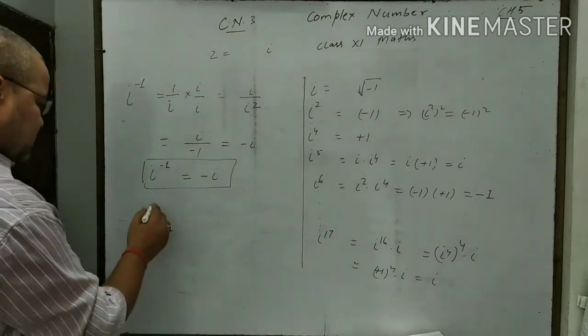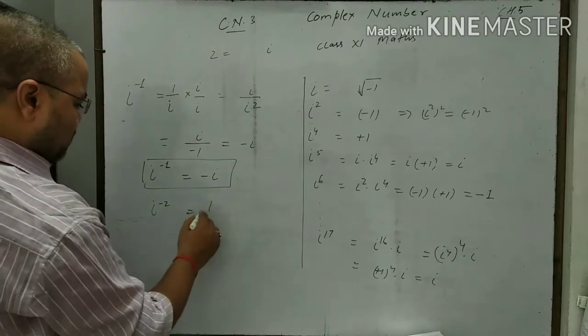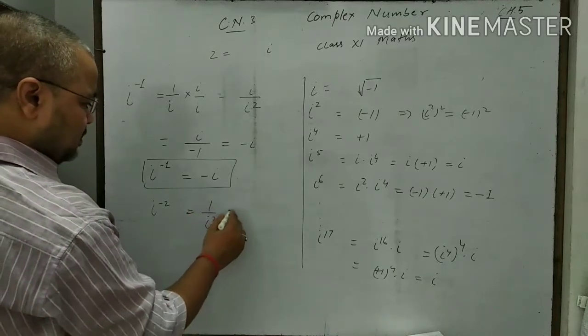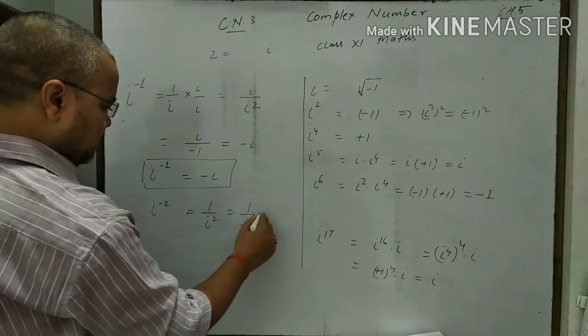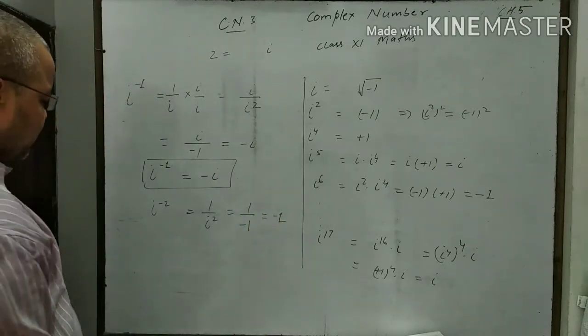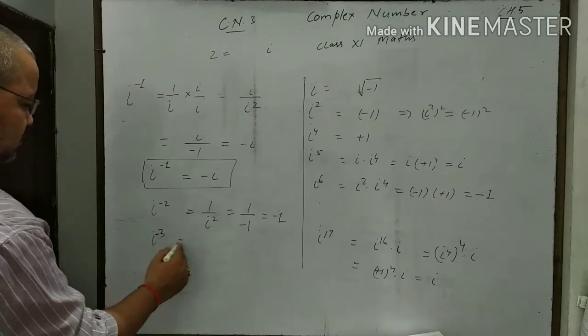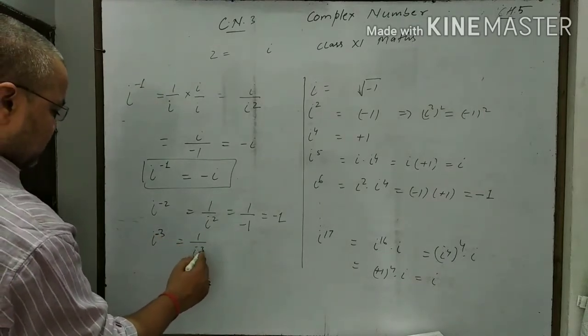Similarly, i raised to the power minus 2 is what? We can write 1 by i square, 1 upon minus 1, which is equal to minus 1. Similarly, i raised to the power minus 3 is what? 1 upon i cube.